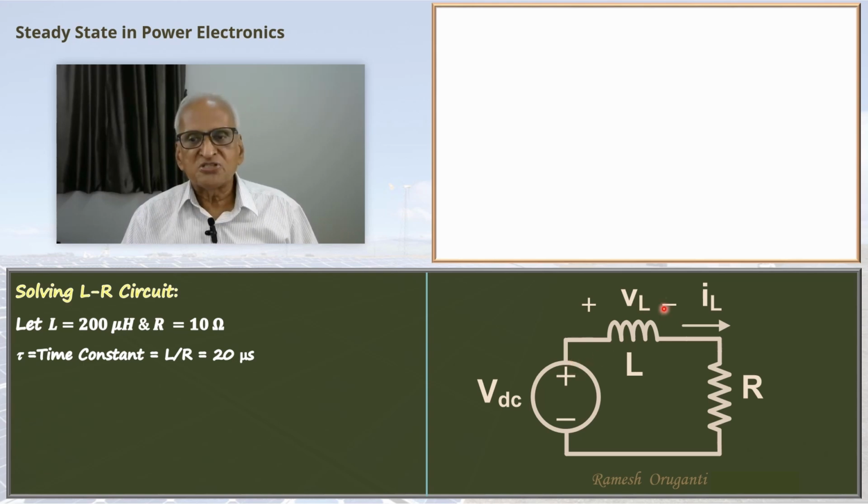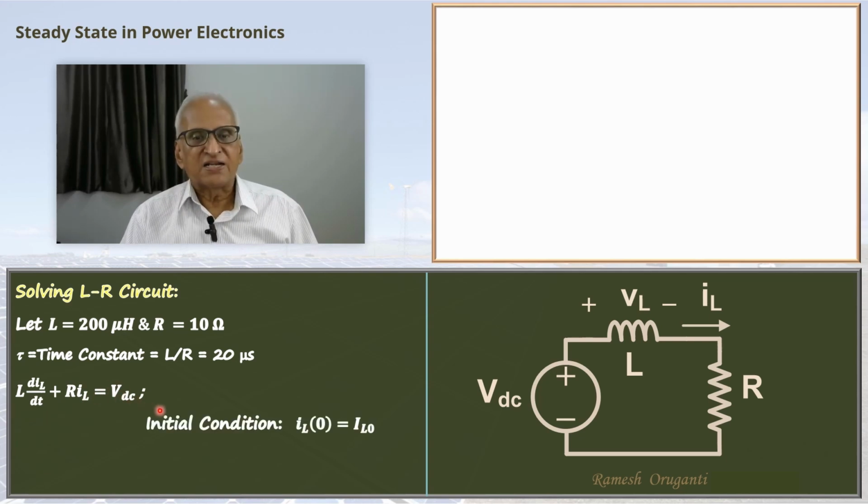The voltage across the inductor is given by L dIL/dt, where dIL/dt is the rate of change of current. That is the induced voltage in the inductor, plus R·IL, the voltage across the resistance, that equals VDC.